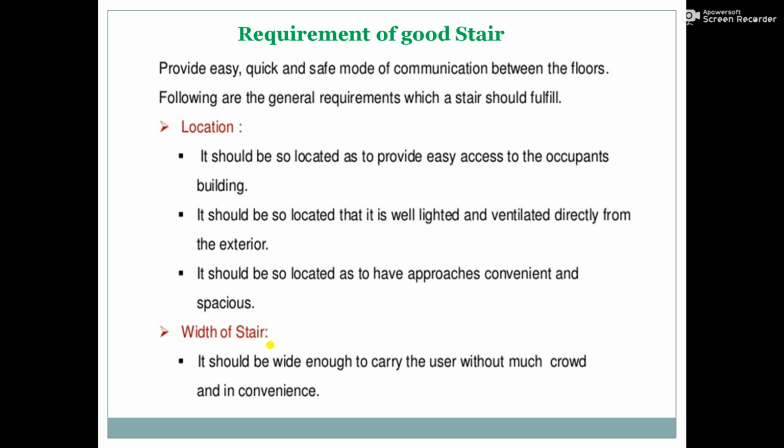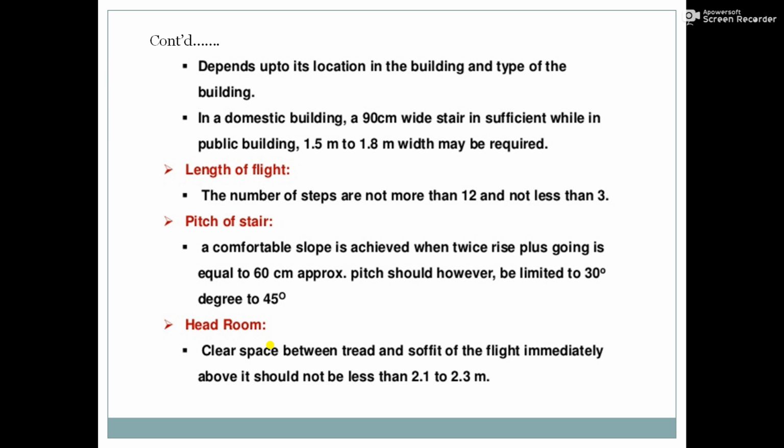Then the width of the stair should be wide enough to carry the users without much crowd and with convenience. So how should the width of the staircase be? It depends on the crowd. If it is a residential building, the crowd is less, so the width can be less. If it is a public building, the crowd is more, so in that case we have to keep the width more. So depending upon its location in the building and type of the building, the width is decided.